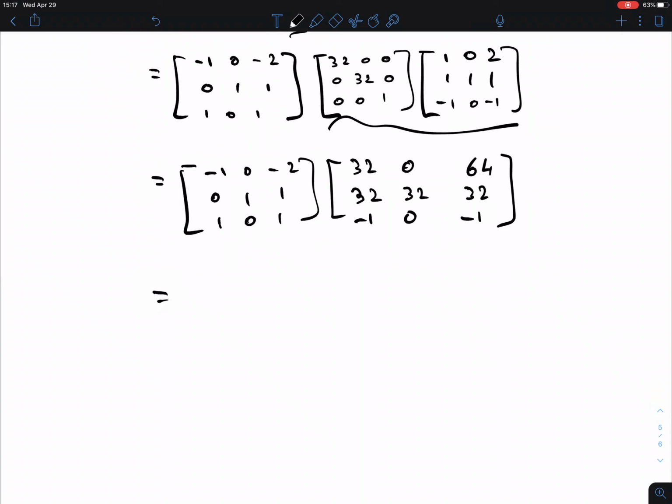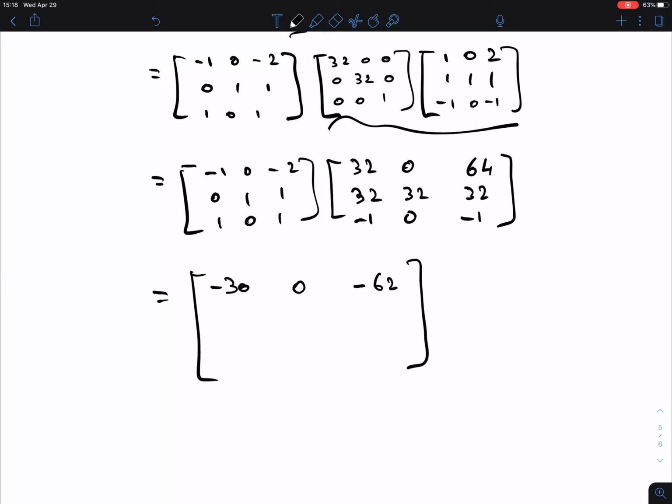Okay, but we still have to multiply this now. Okay, that's our first element here. Minus 32 plus 0 plus 2, right? So that is minus 30. 0 plus 0 plus 0. Then negative 64 plus 2, so minus 62.